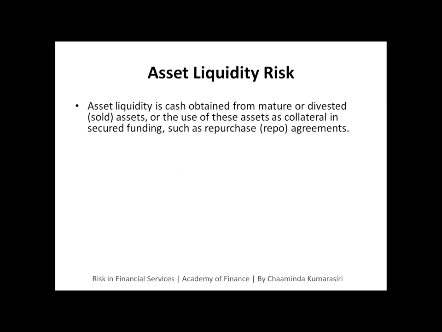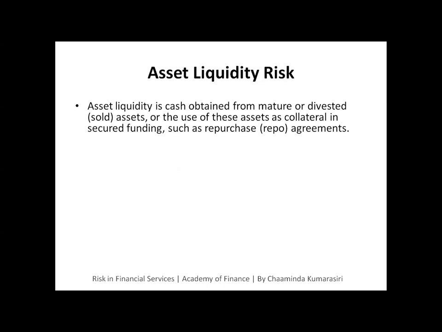Asset liquidity. So asset liquidity means when you have assets, how you convert the asset into cash. Either it could be due to cash obtained from your asset that is divested, right?